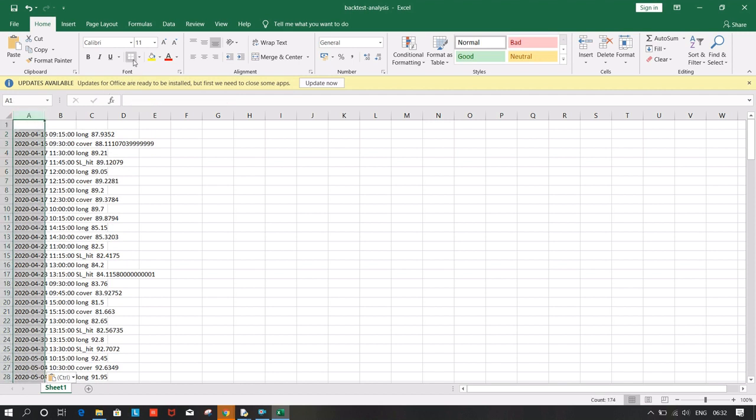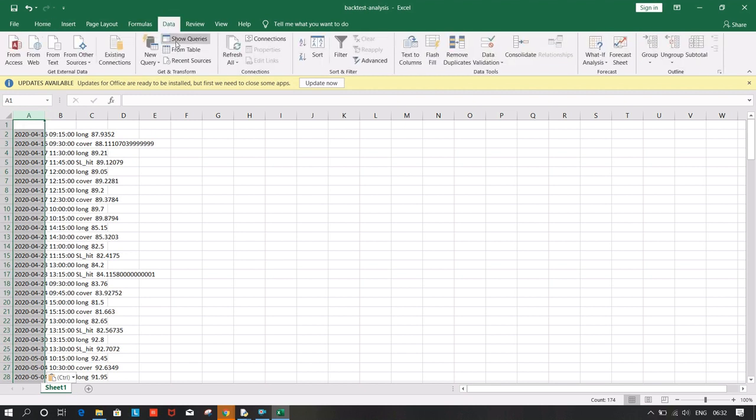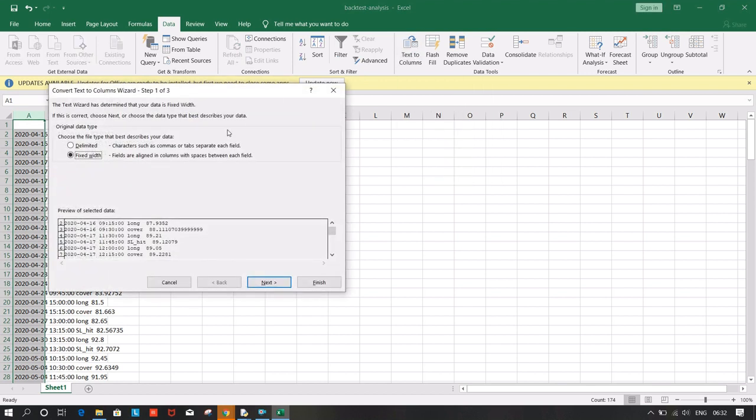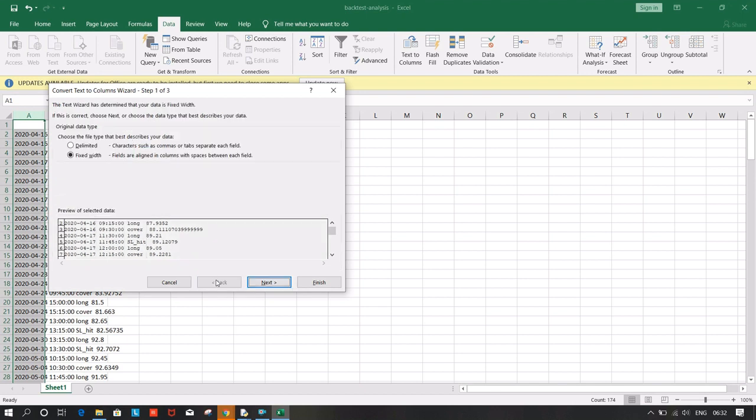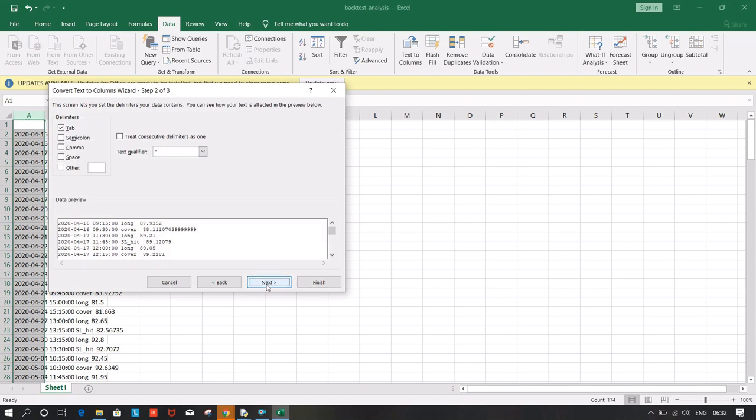First select the column, then go to Data, then Text to Columns. Then not fixed width, I think. Yeah, after selecting fixed width, one second, select delimited.